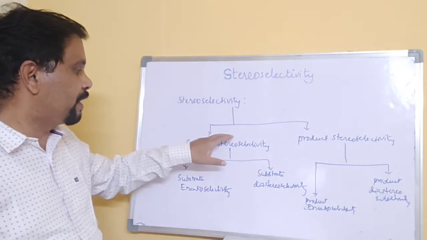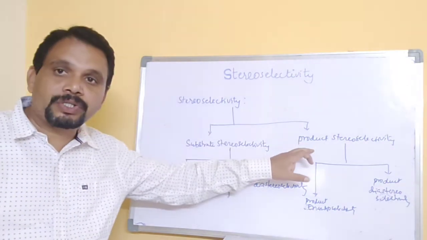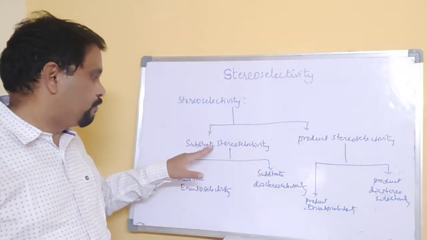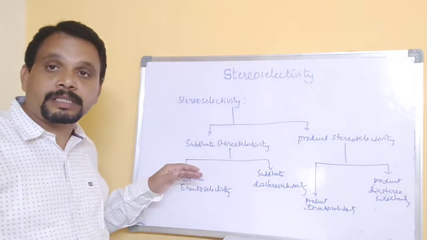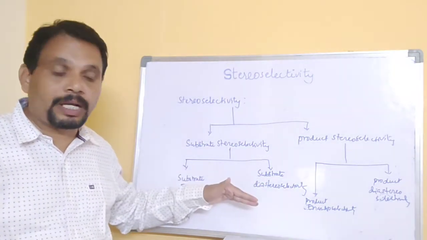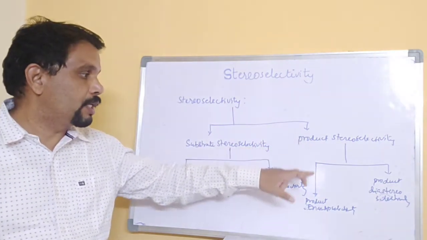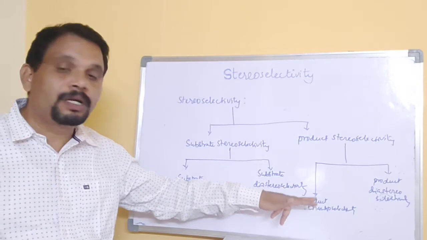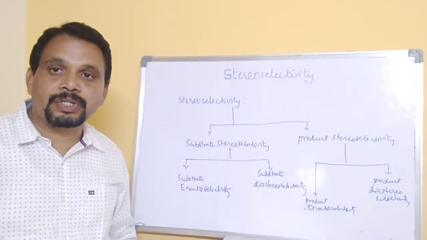Stereoselectivity can be classified into substrate stereoselectivity and product stereoselectivity. Further, substrate stereoselectivity can be classified into substrate enantioselectivity and substrate diastereoselectivity. Similarly, product stereoselectivity can be classified into product enantioselectivity and product diastereoselectivity.